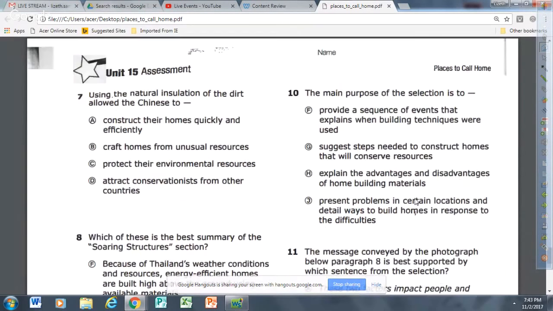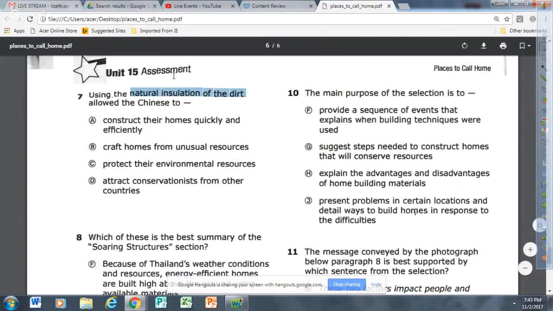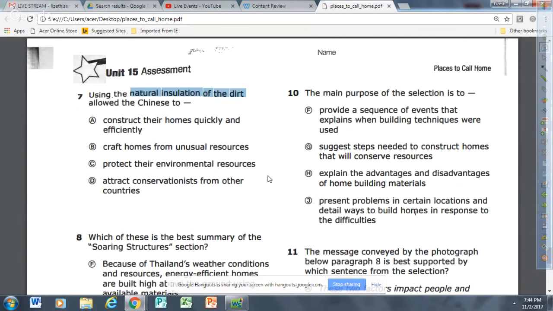Okay, number 7. Using the natural insulation of dirt allowed the Chinese to... So how did the fact that the dirt is a natural insulator? Now, if you remember insulation from science, and if you don't, you can always look it up. It keeps things warm, or it can keep things cold. It just maintains that temperature. So that natural insulation helps the Chinese to construct their homes quickly and efficiently.